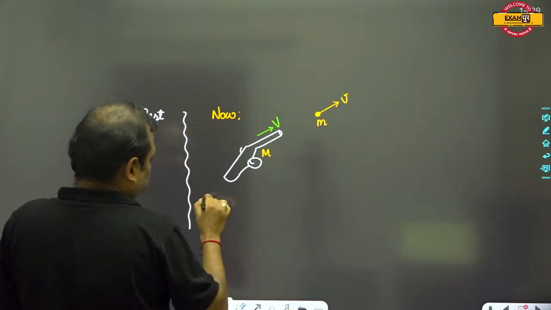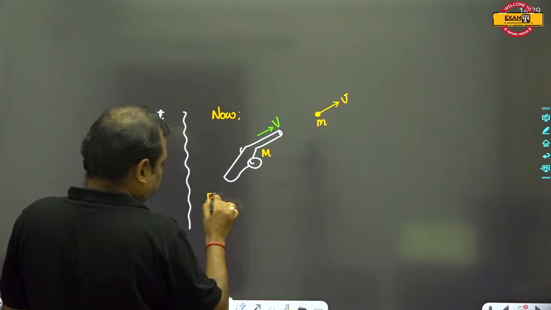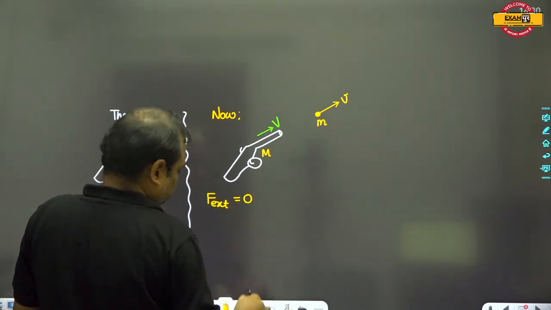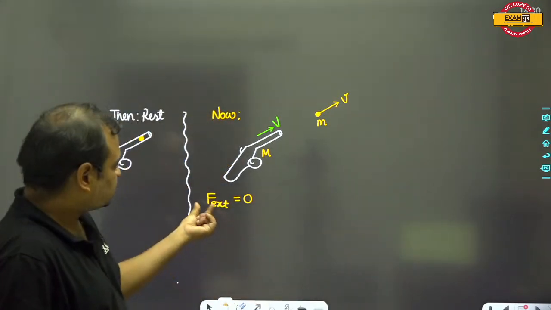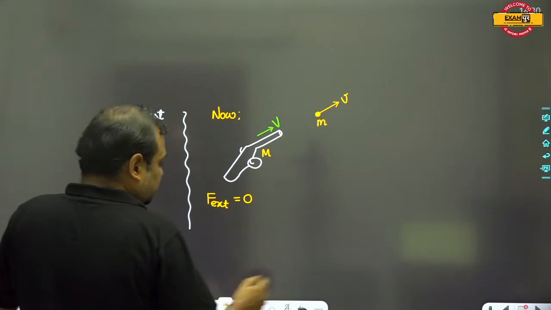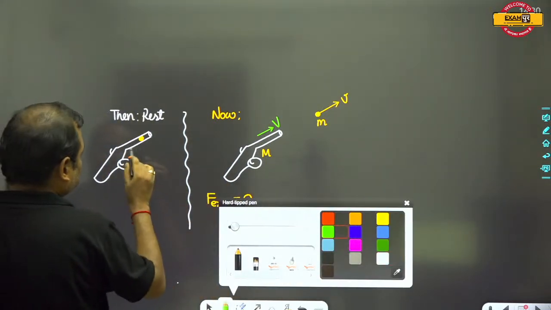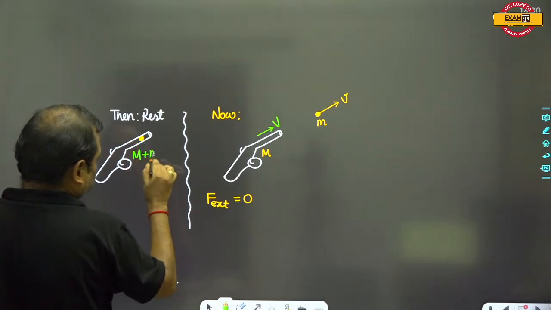So here we can say that F external is equal to 0. Suppose that this is the value of the external force. Now, initially the mass of the gun is capital M and the mass of the bullet is small m.